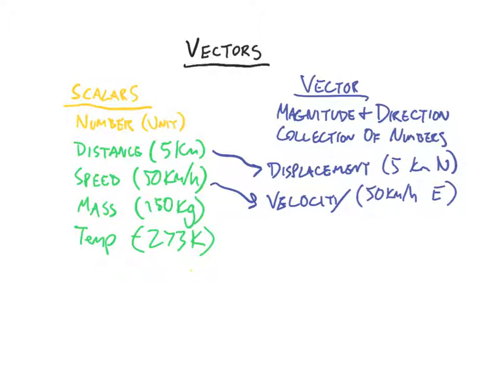Now there isn't a direct vector quantity for mass. So instead, the closest thing we have is a force, right? So if we combine the mass with an acceleration, then that would give us a weight.